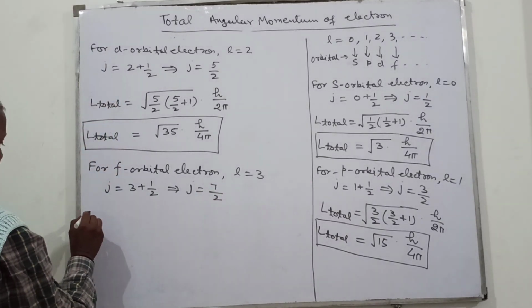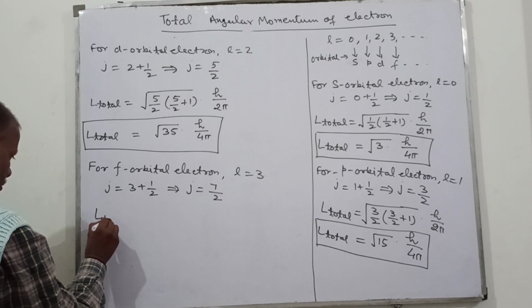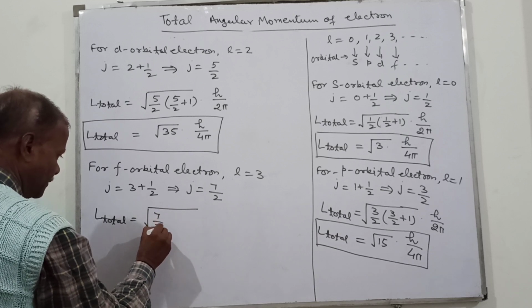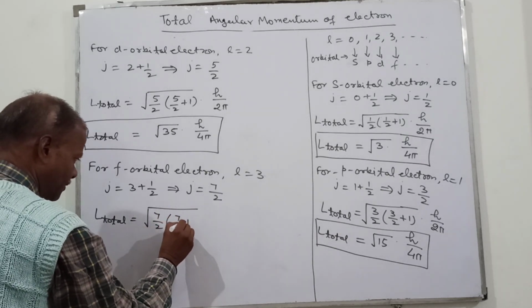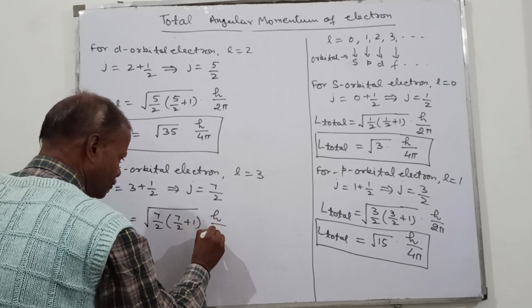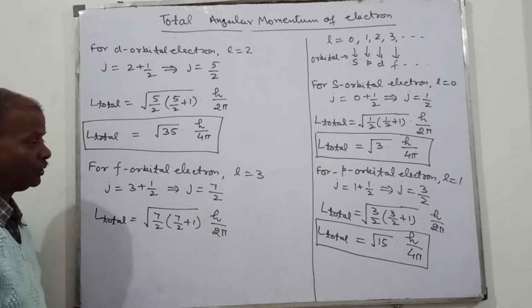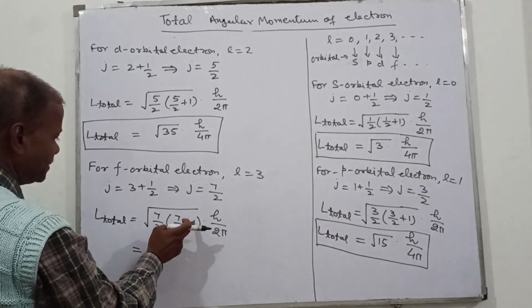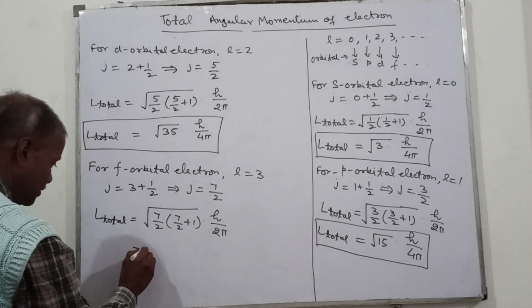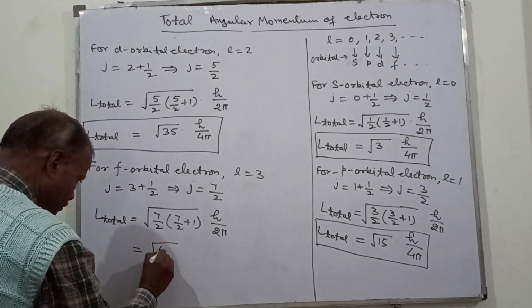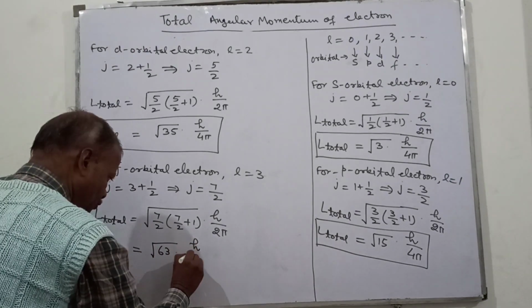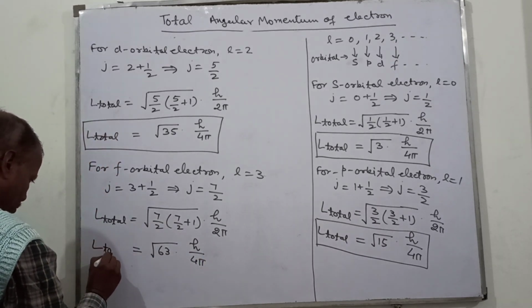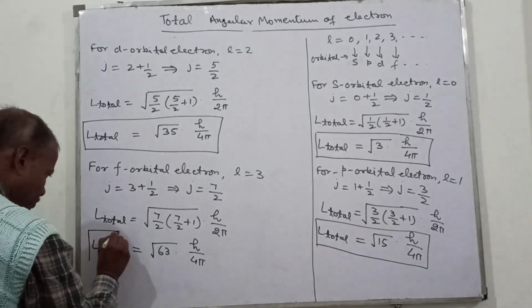So now L total is equal to square root of 7 by 2 into 7 by 2 plus 1 into h upon 2 pi. Now put the value of J, then this will come out to be how much? 7, 7 and 2, 9, 9 and 7, 63. So square root of 63 into h upon 4 pi. This is equal to L total.